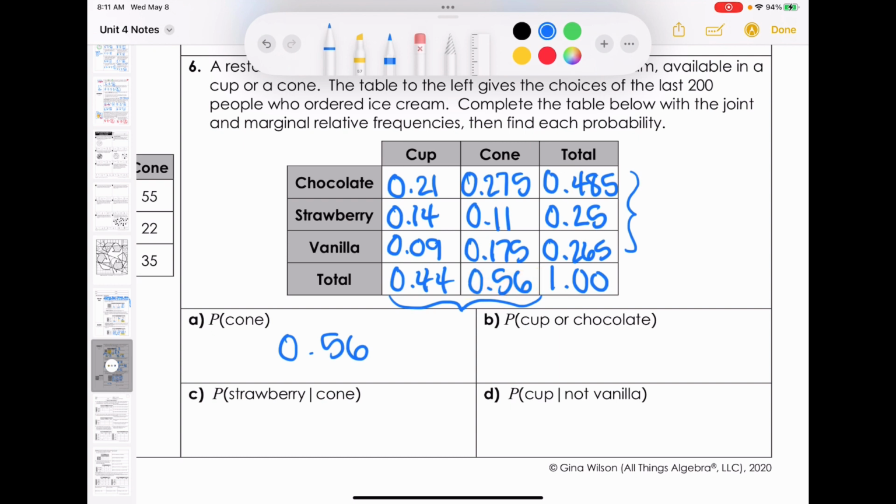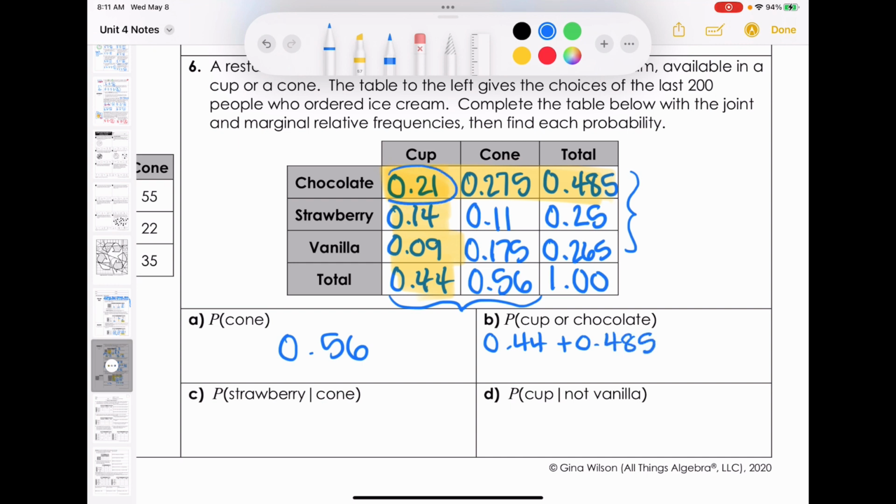All right, part B, the probability of a cup or chocolate. Okay, so we have our total for cup and our total for chocolate. So that's 0.44 plus 0.485.